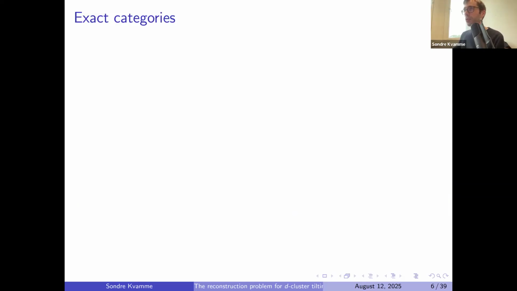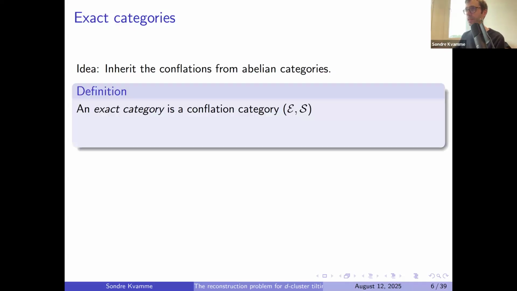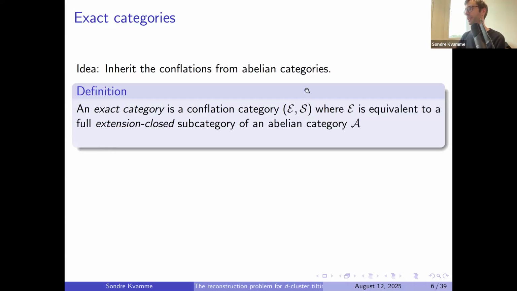Okay, so I want to talk about conflation categories because I want to talk about exact categories. An exact category is a particular kind of conflation category, and the idea is that you want to inherit the conflations from abelian categories. So let me immediately tell you what this means. An exact category is a conflation category, so an additive category together with a class of conflations S, such that first the additive category is equivalent to a full extension-closed subcategory of an abelian category.